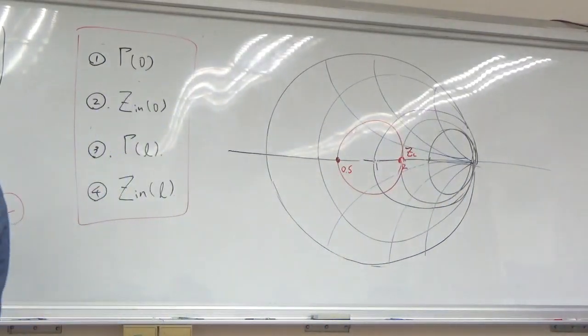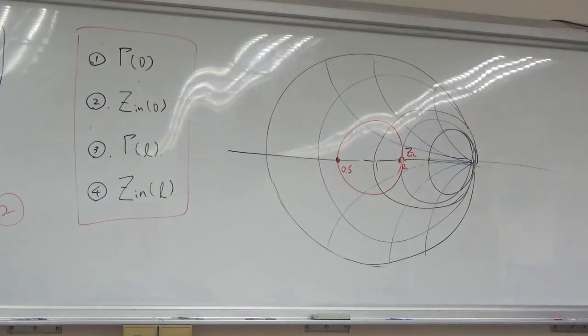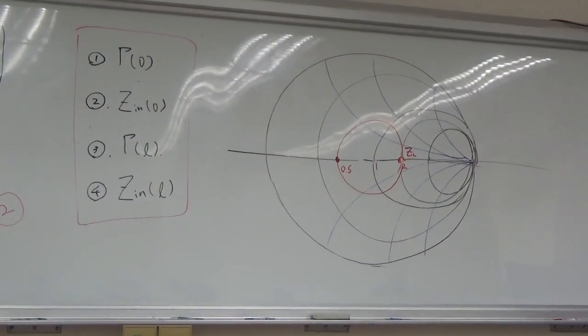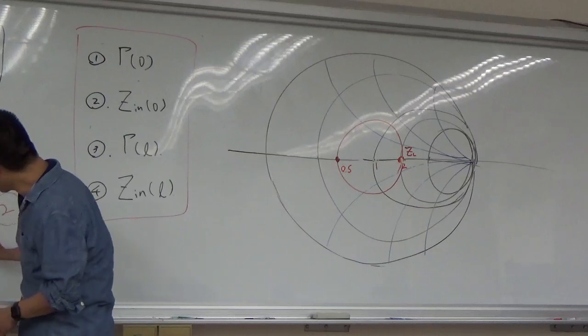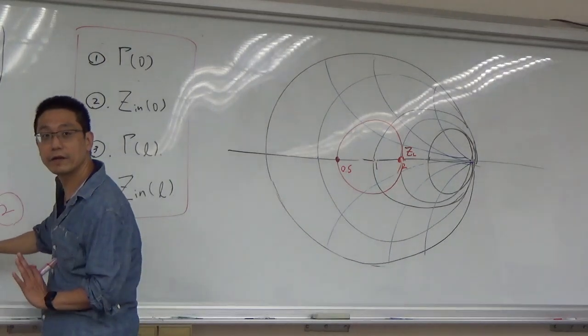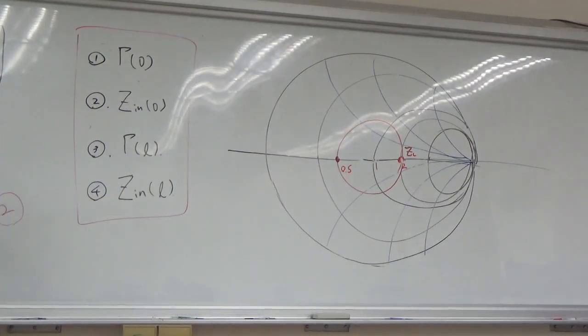It means if the physical length of the transmission line is lambda over 4, your input impedance is 0.5 multiplied by the normalization number 50. So the input impedance is 25 ohm.